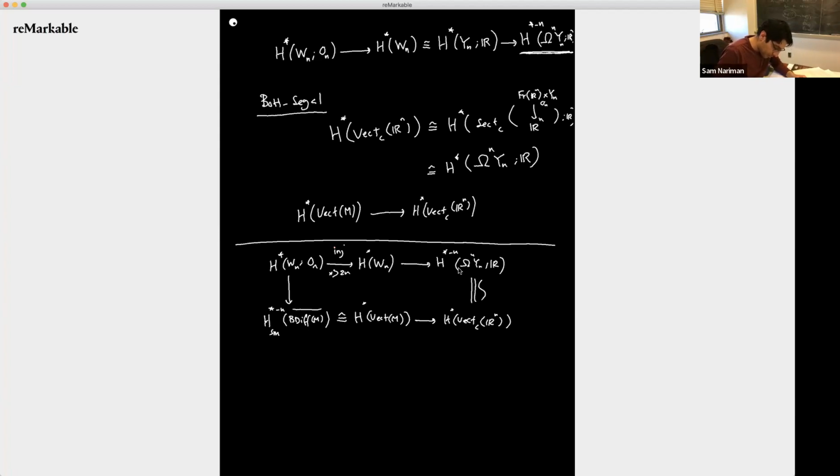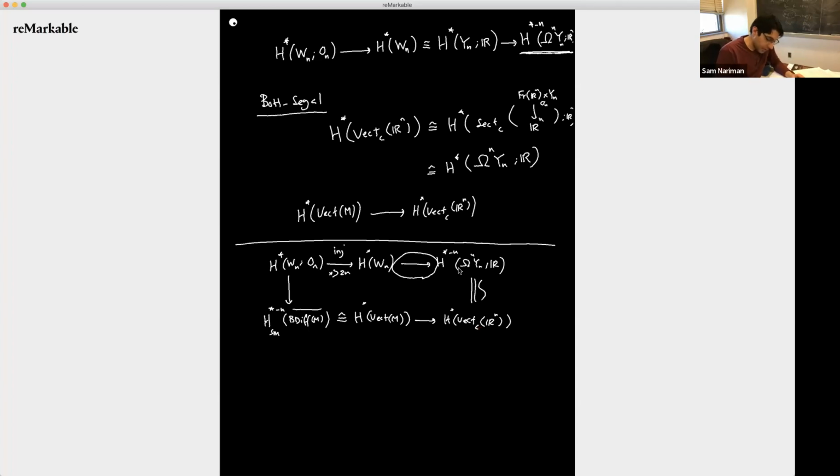So in order to prove that the left-hand side vertical map is injective, it's enough to prove that the composition to the cohomology of compactly supported vector fields of R^n is injective. So I go the other way around. This map is injective when star is bigger than 2n, so I only need to care about this map.